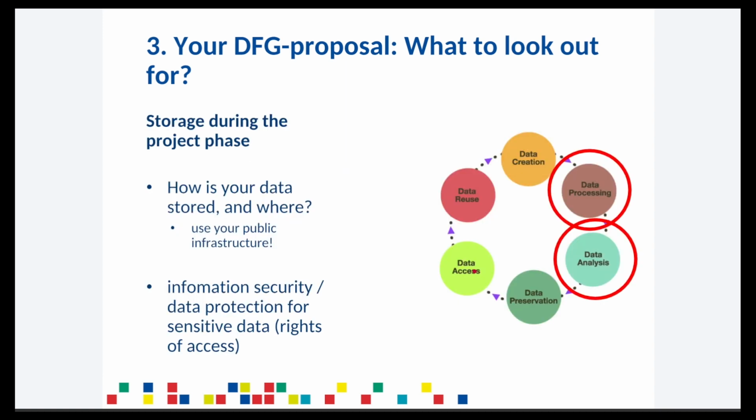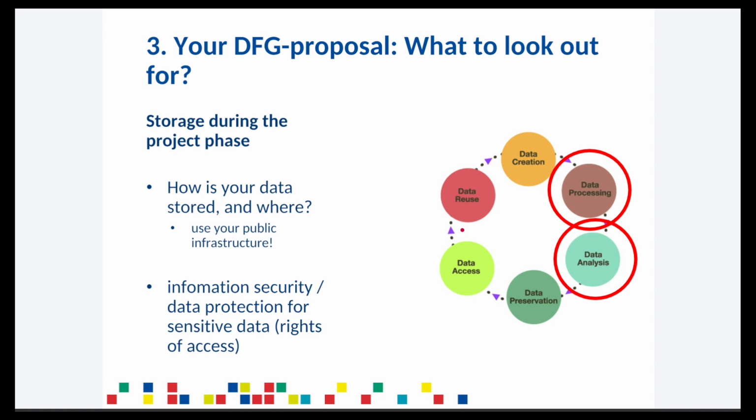And of course, when writing your DFG proposal, you also have to elaborate on the technical storage during the project phase. And what we strongly recommend is not to mention Dropbox for storage, because it's not suitable for research data. Use your public infrastructure that's provided, for example, by your university. And we talked about the Open Science Framework in the beginning.